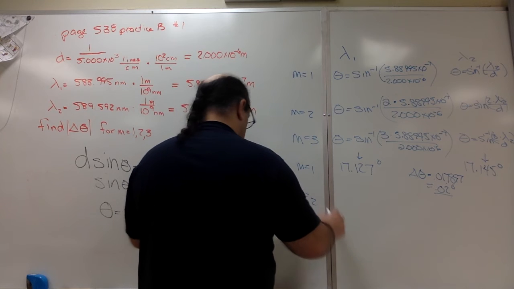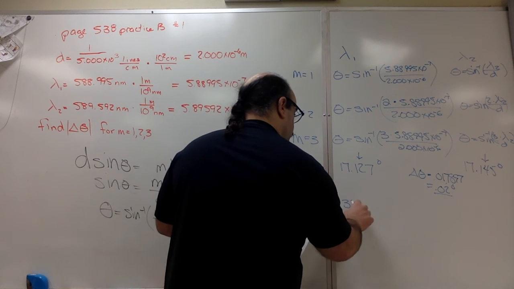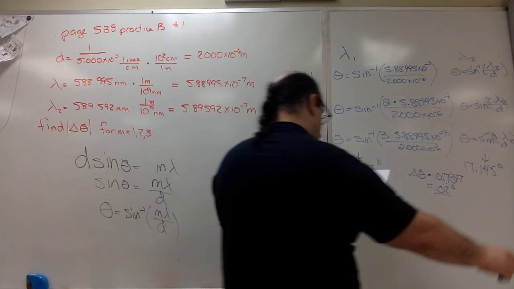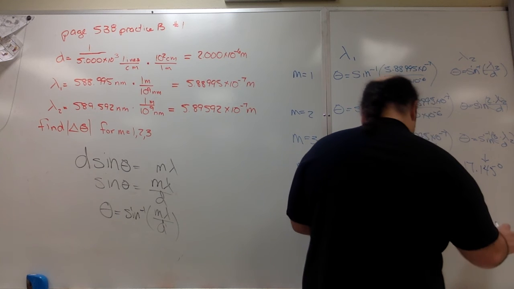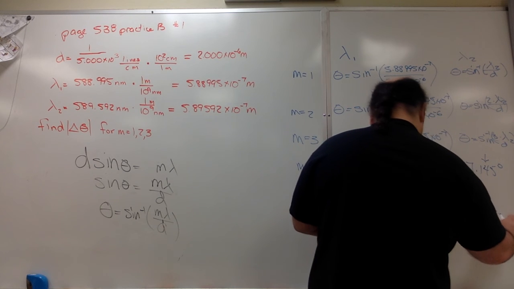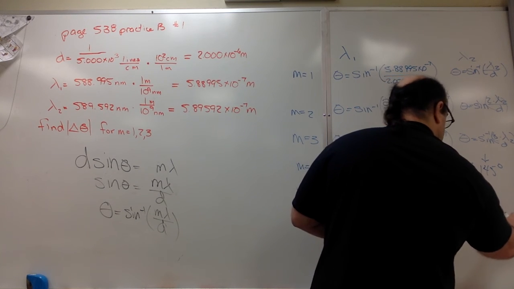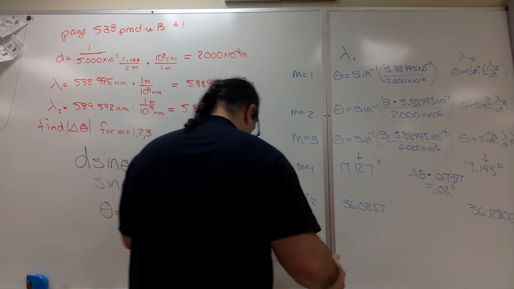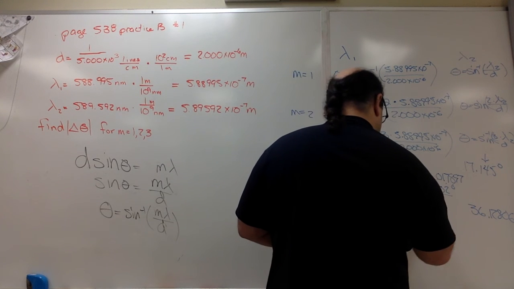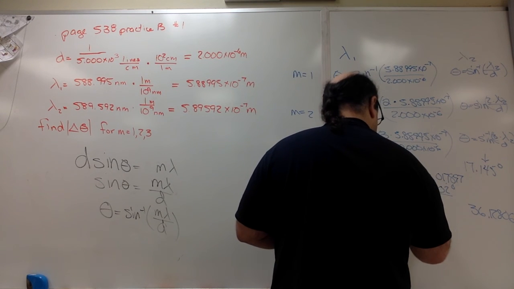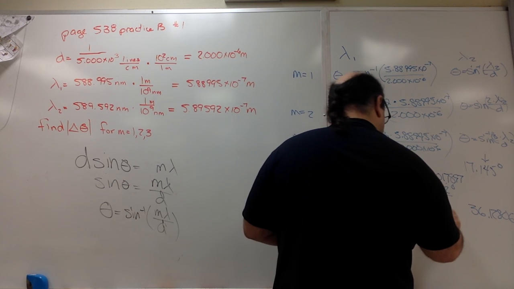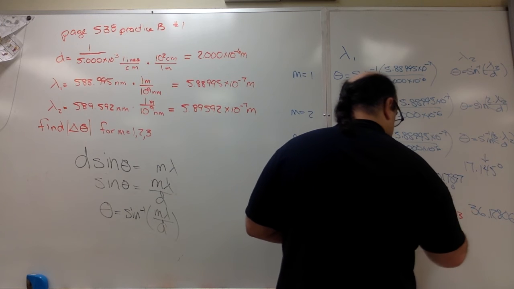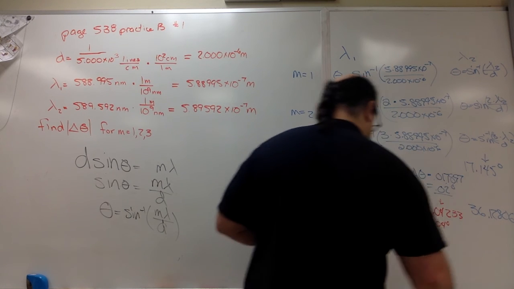M equals 2. I get 36.0857 and 36.12806. The difference between those, delta theta, turned out to be 0.042, again only good to 2 sig figs, so this was 0.04 degrees.